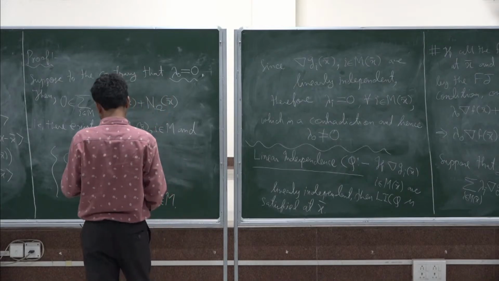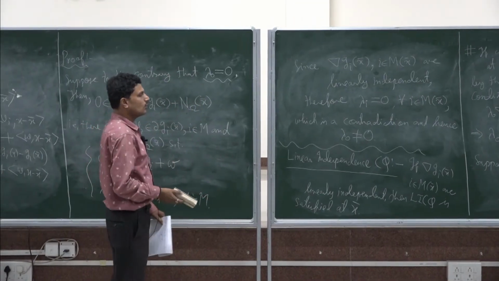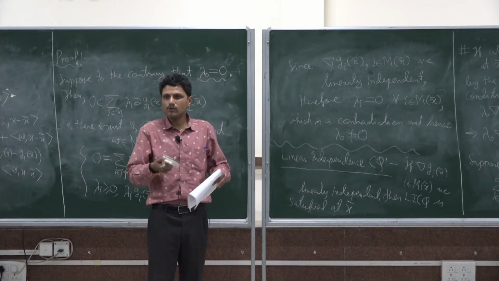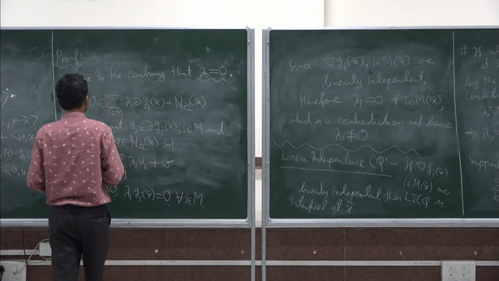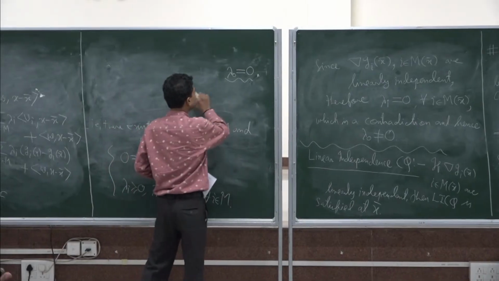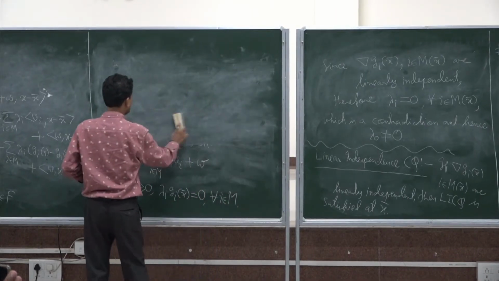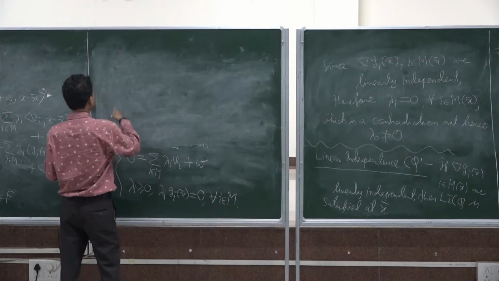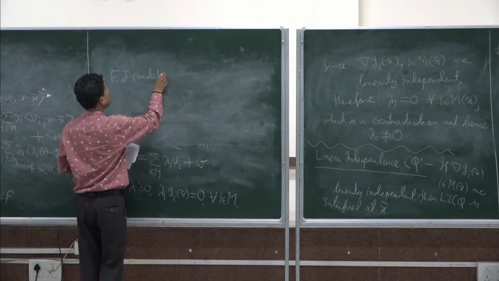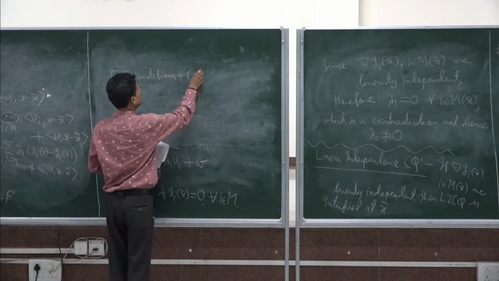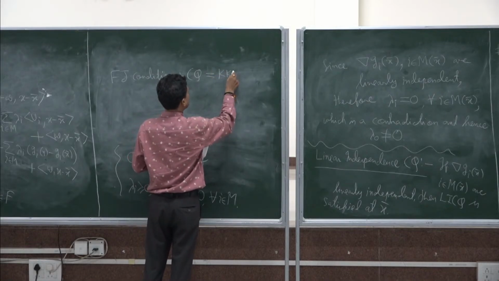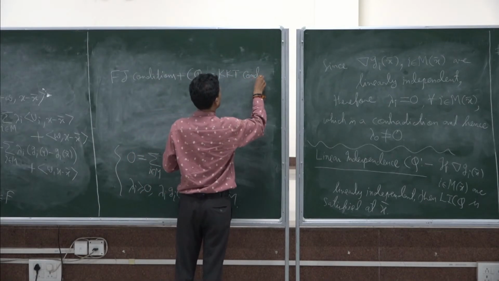From this Fritz John type necessary optimality condition, if we add a constraint qualification, we get KKT type necessary optimality conditions. So we can write that Fritz John conditions plus constraint qualification will give us KKT conditions, right.